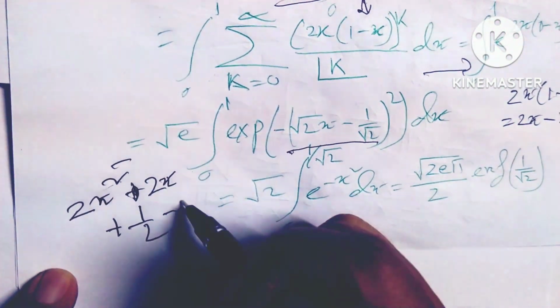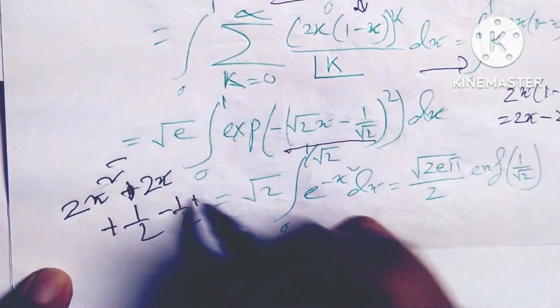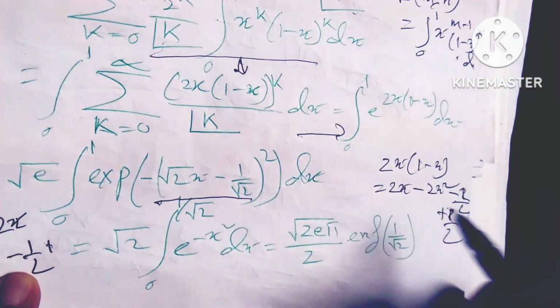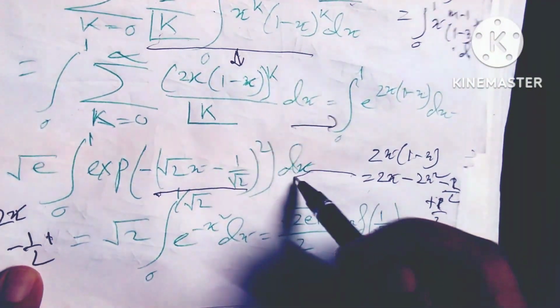So I just subtract 1 by 2 and add 1 by 2. I can write it this way.